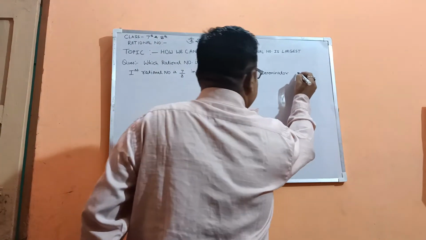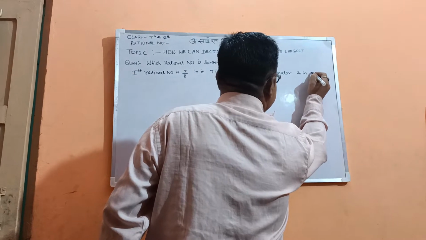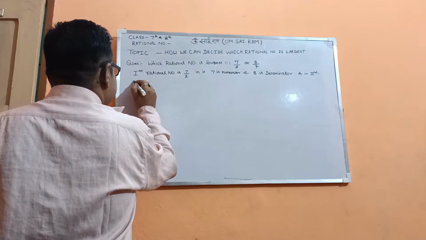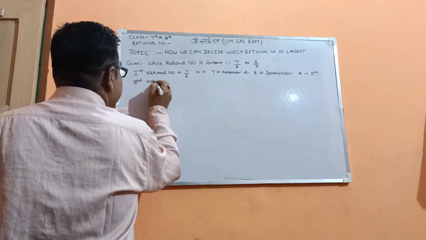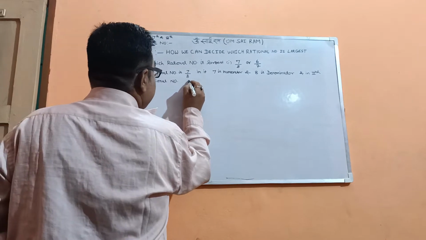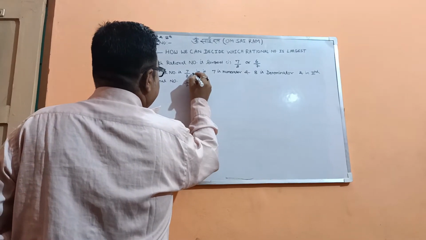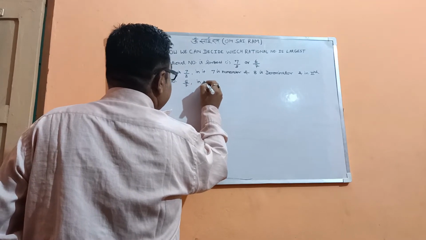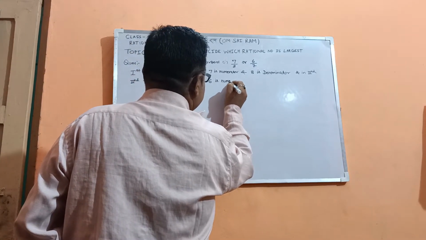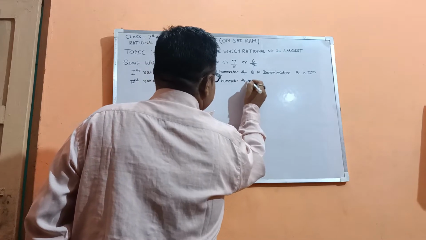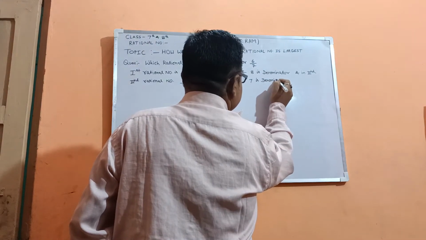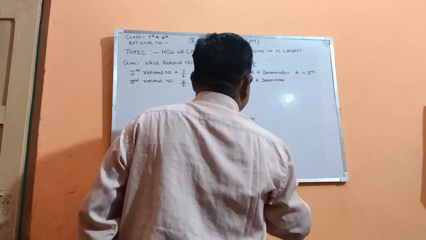And in the second rational number, 6 by 7, 6 is the numerator and 7 is the denominator.